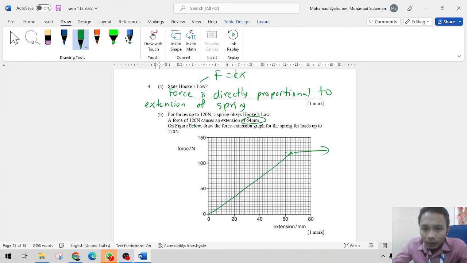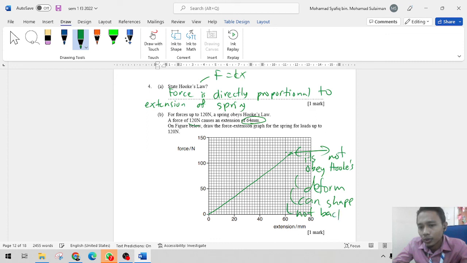So after this, it does not obey Hooke's law. Okay, so it will deform, change shape, not back to original shape.